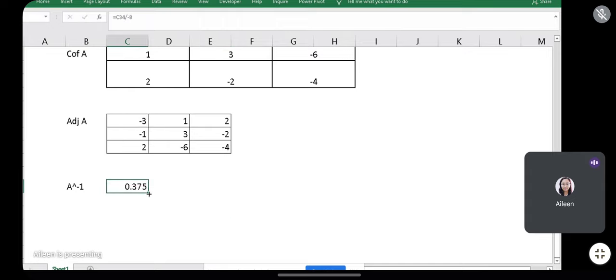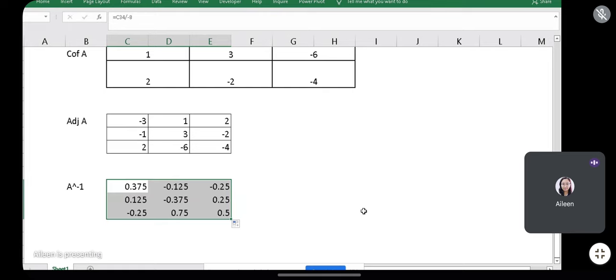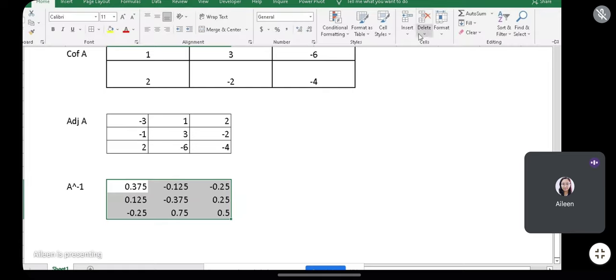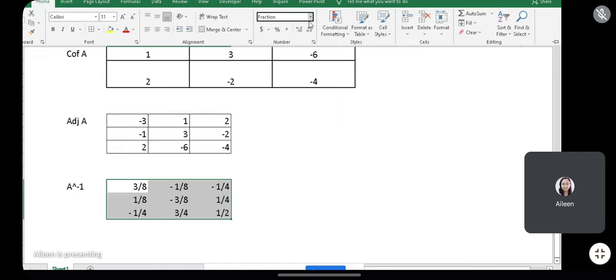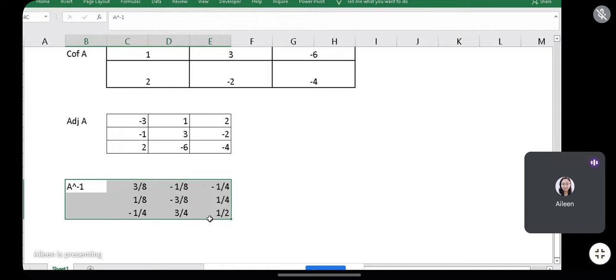Ano po? Yan. And then, pwede naman siya na naka-decimal place. Pwede rin naman na gawin nyo siyang fractions. Yan. So, ito naman yung ating inverse of the matrix. Ano po? So, usually, our inverse is not exact numbers.